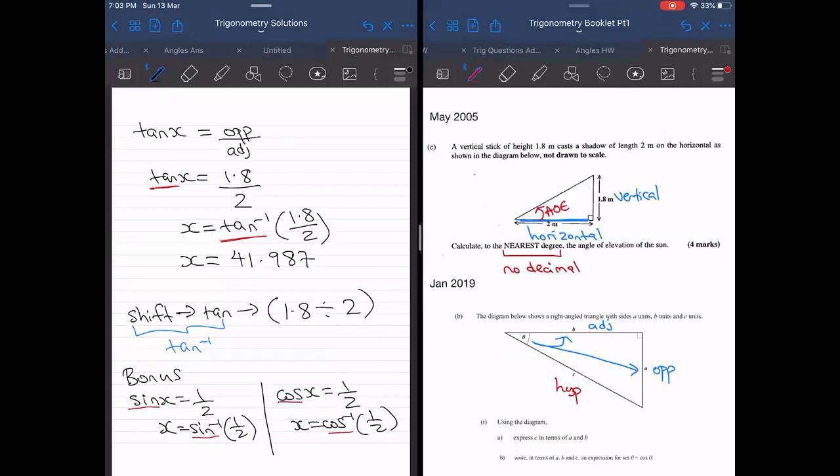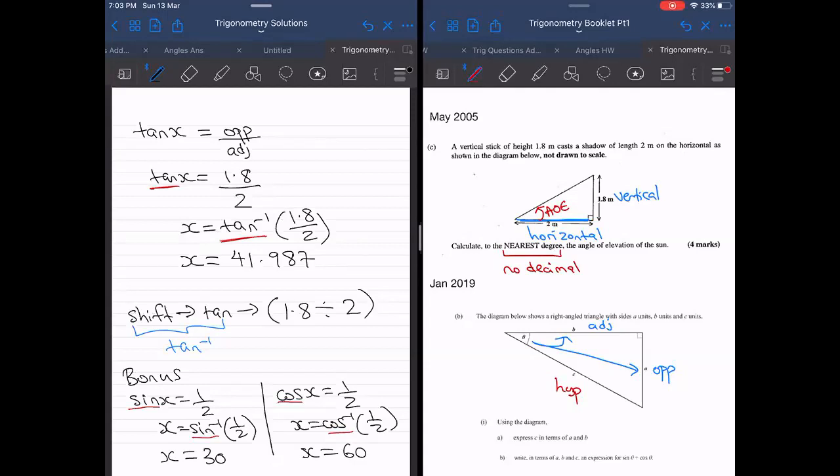So that's how you use that function on your calculator. If you put in sine inverse of a half, you can test it out to make sure that you know how to use it. Should be getting 30. If you put in cos inverse of a half, you should be getting 60. So just giving you 3 different functions that you can test it out.